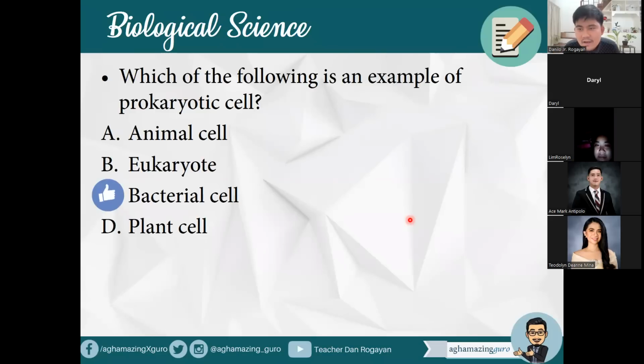Question: where can we find the genetic makeup of the bacterial cell? Since bacterial cells are prokaryotic, they don't have a nucleus, which houses the DNA. It's actually in the nucleoid. Okay? Nucleoid.